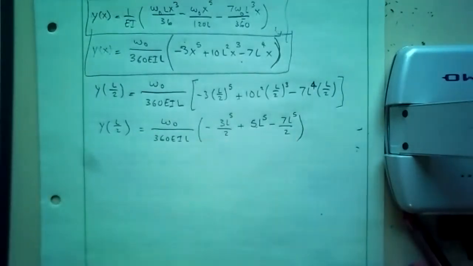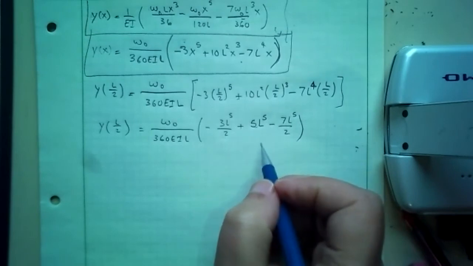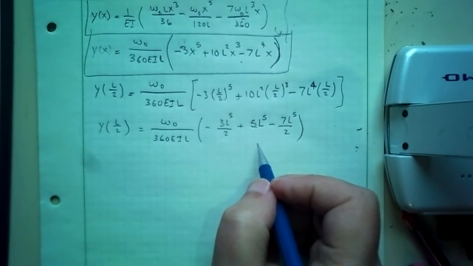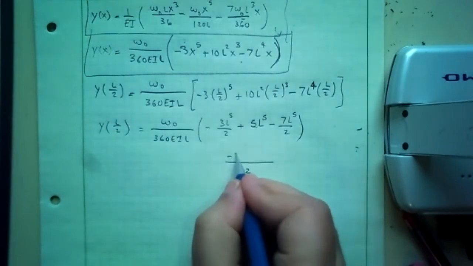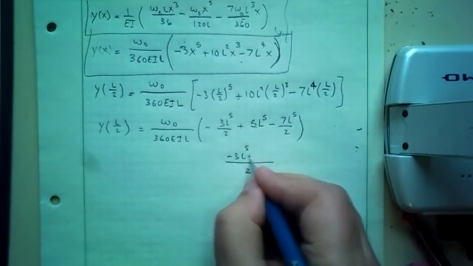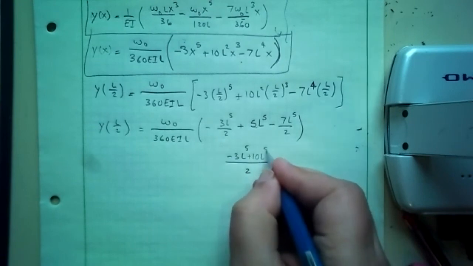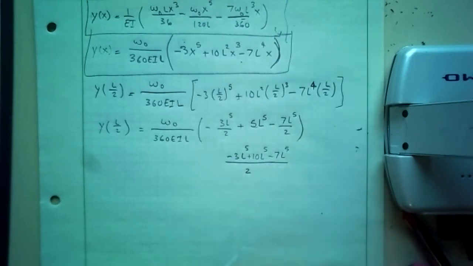So these are all L to the 5th power, so I can reduce these. The common denominator will be what? 2? Minus 3L to the 5th plus 10L to the 5th minus 7L to the 5th power.